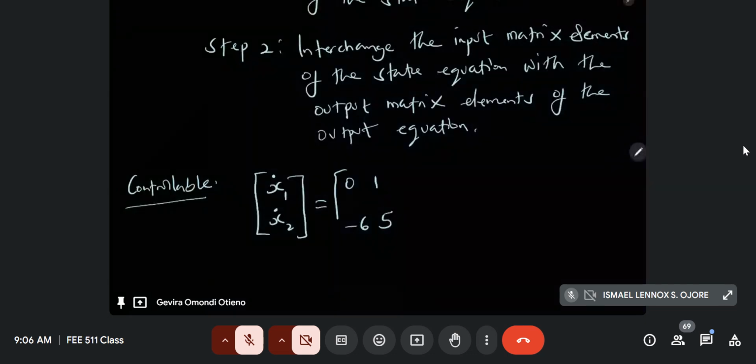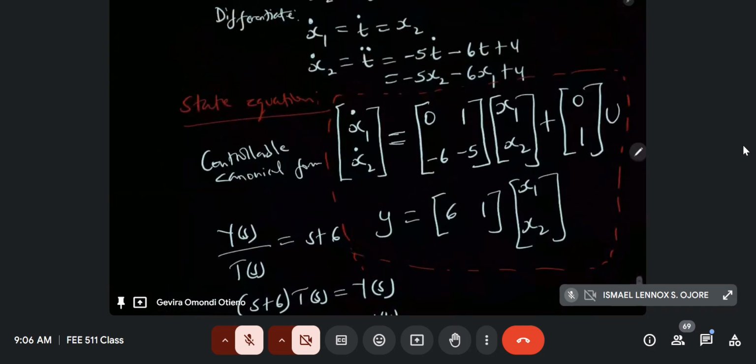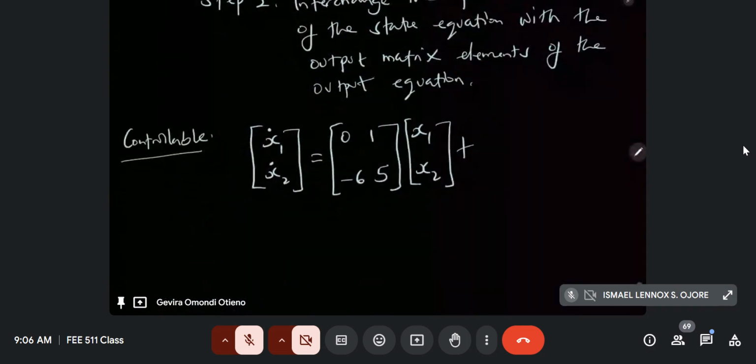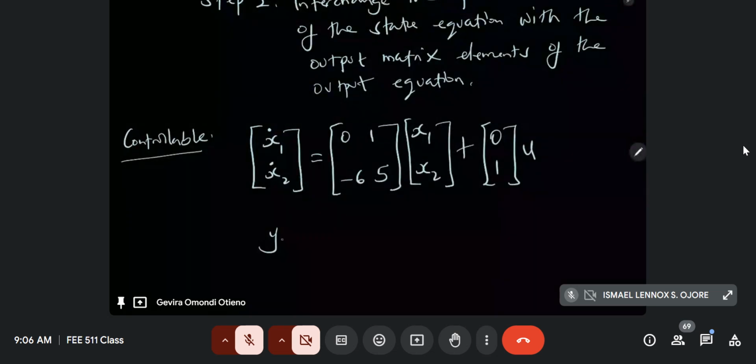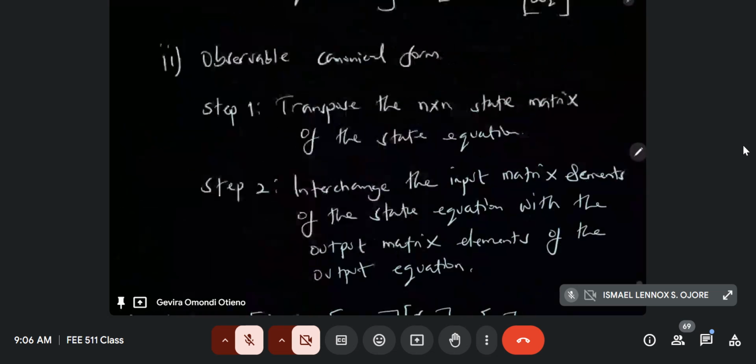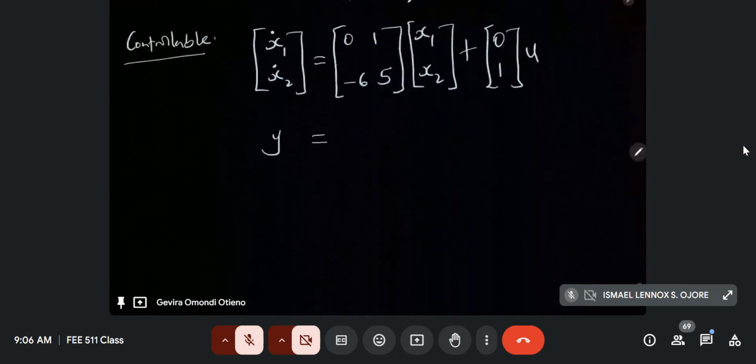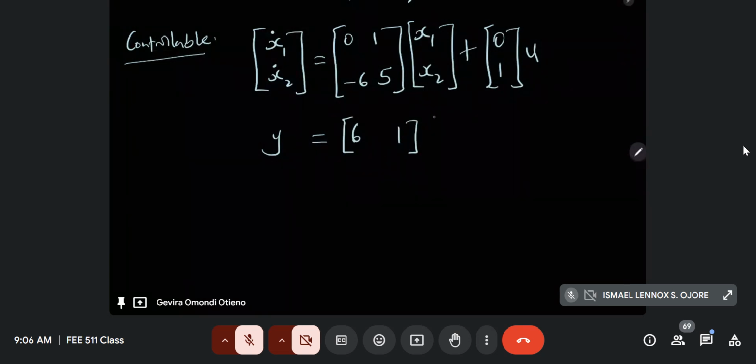This is the controllable canonical form. Plus, is it 0, 1? Yeah, it is 0, 1. And the output equation, I think it's 6, 1, or is it 1, 6? 6, 1. The output equation is like that.